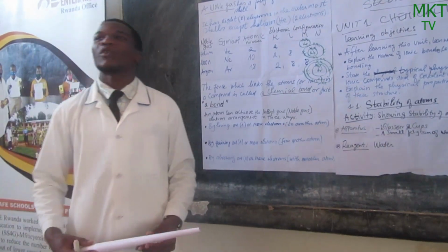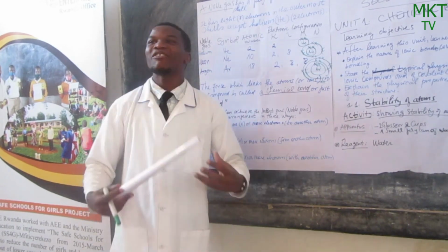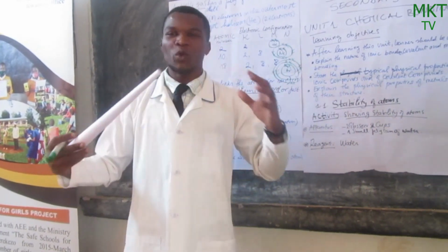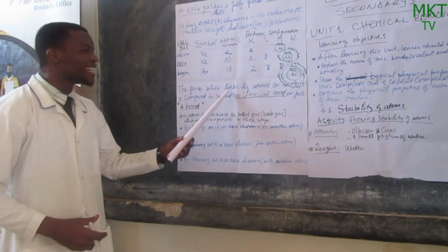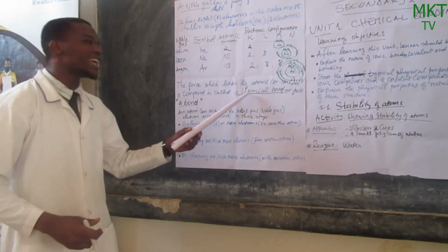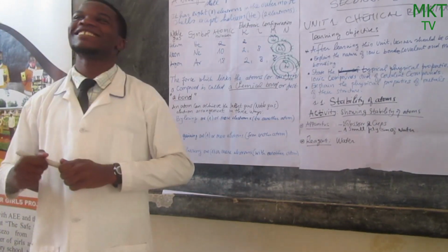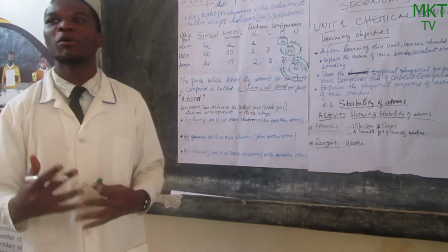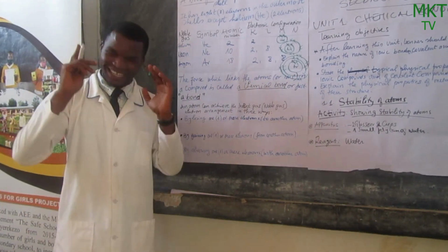My boys and girls, when atoms or elements combine to form molecules, a force of attraction develops between the atoms or ions which holds them together. The force which links the atoms or ions in a compound is called a chemical bond, or just a bond. A bond is formed so that each atom acquires a stable electronic configuration similar to that of noble gases or inert gases.